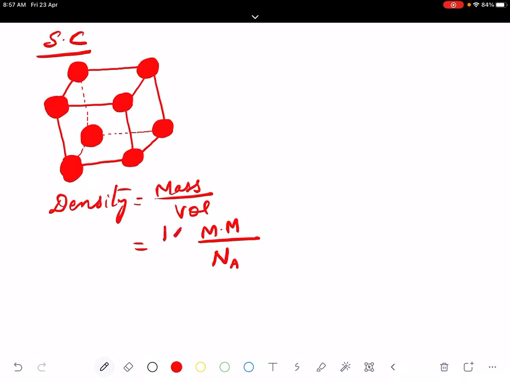How many atoms are present? Only one atom is present, divided by the volume. If A is the edge length, volume will be A cube. So density is 1 into molar mass. This 1, I'm writing as Z generally, where Z is the number of atoms present in that unit cell. So Z M, M meaning molar mass, upon A cube Na is the density.